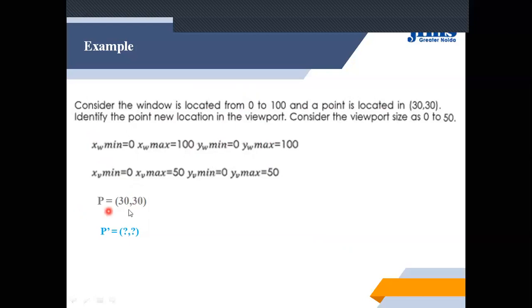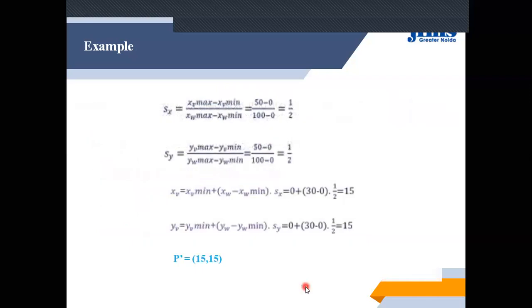This value may also be given, and we have to find out the mapping of this point on the viewport. So by finding these values, we can find out the scaling on x-axis as well as on y-axis. After that, by putting the scaling value in this formula, we can find out the mapping point on viewport.